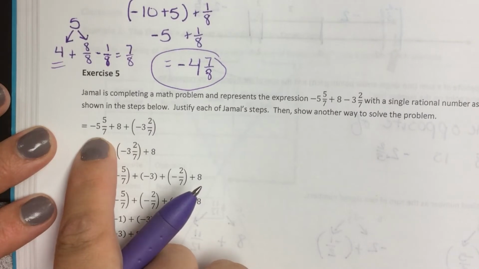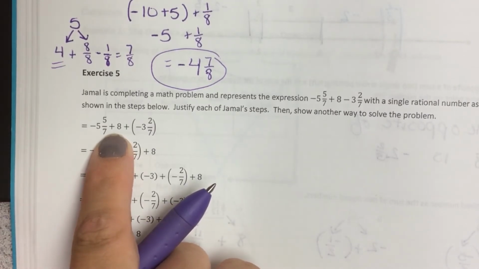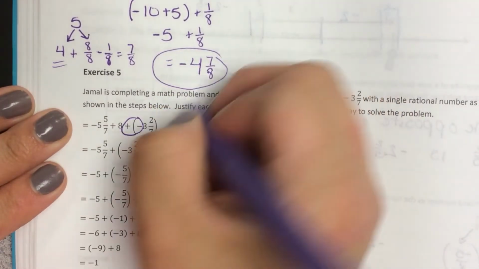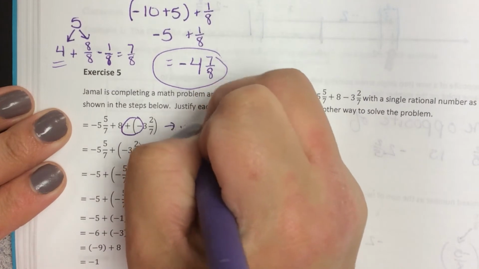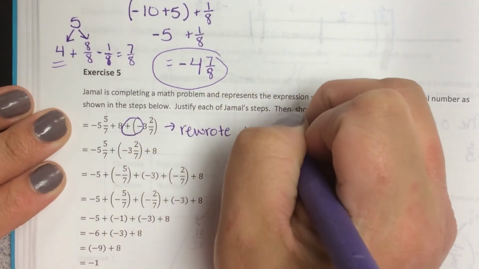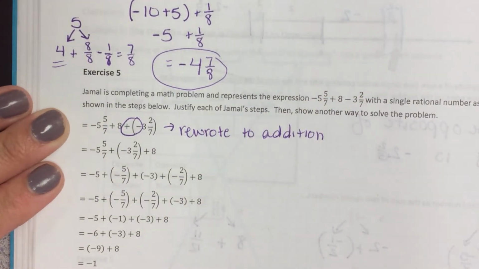This looks the same, plus 8 looks the same as the problem. Oh, here's the difference. So all he did was he rewrote this to be addition. Instead of it being subtract 3 2/7, he made it plus negative 3 2/7.